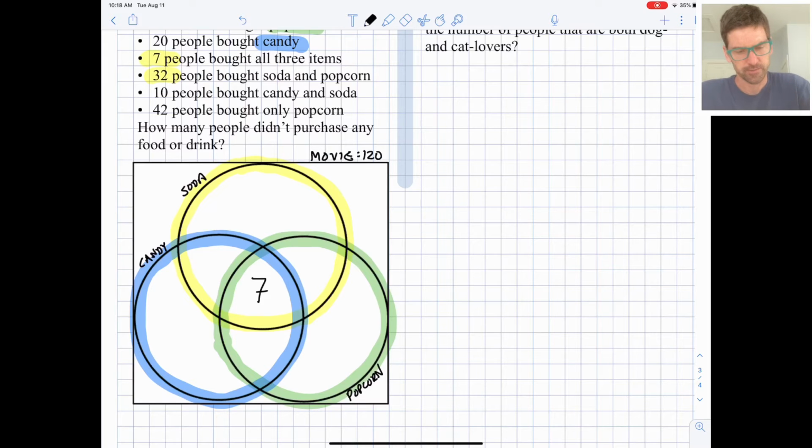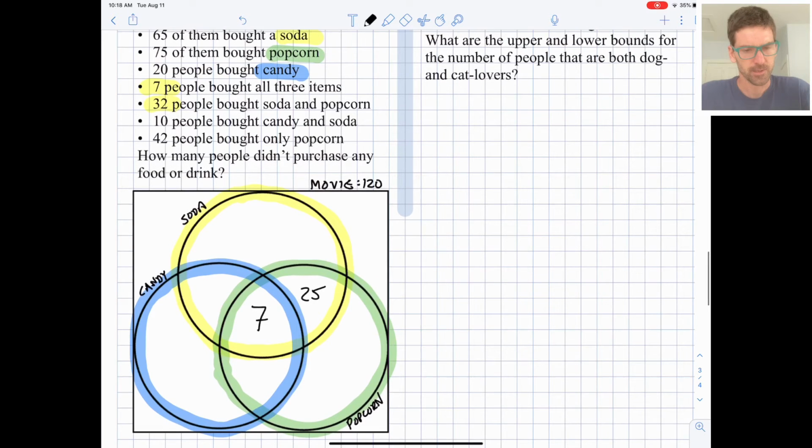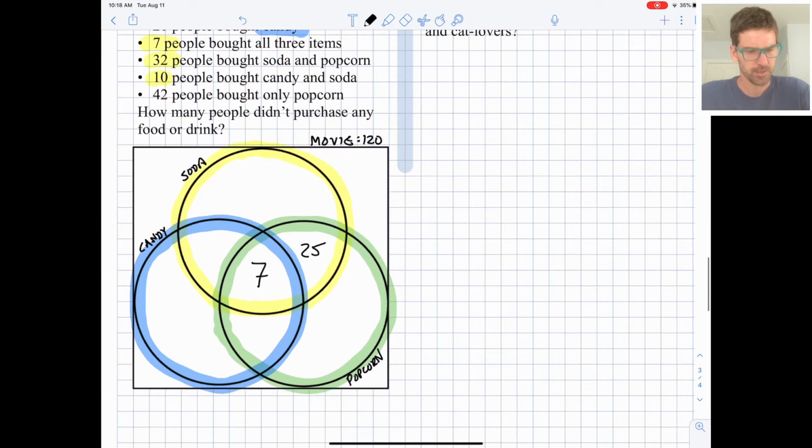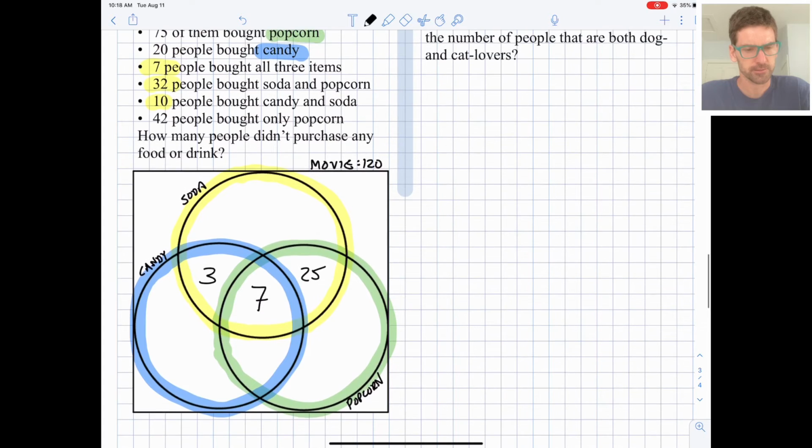So that means we have 25 people left over in the soda and popcorn only zone. 10 people bought candy and soda, but 7 of them bought all 3, so we have 3 people left over there.